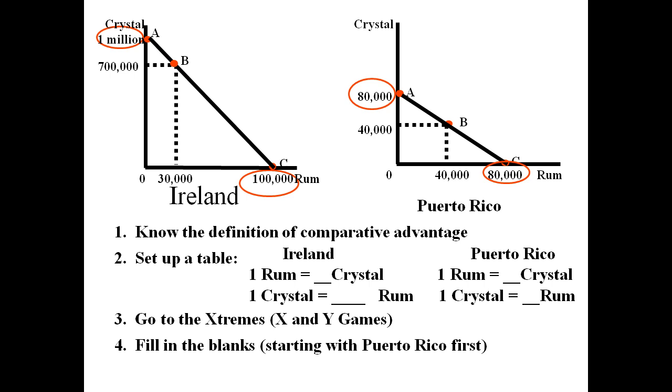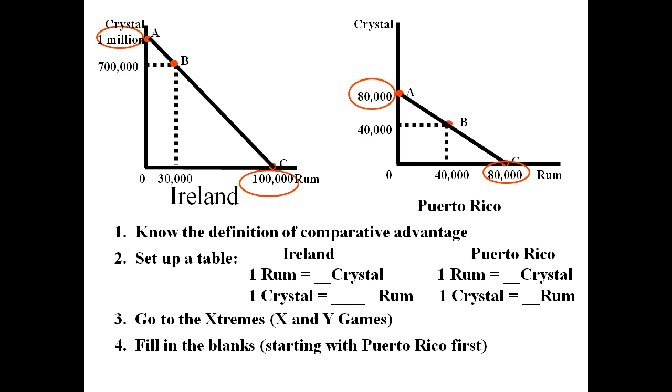Now let's fill out that table, starting with Puerto Rico first. We'll start off when we make 1 rum. For Puerto Rico, we're looking at rum.